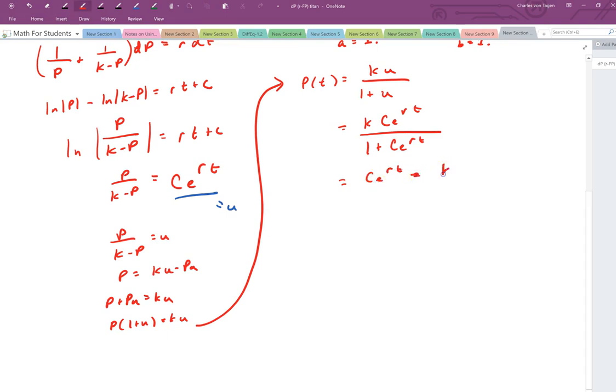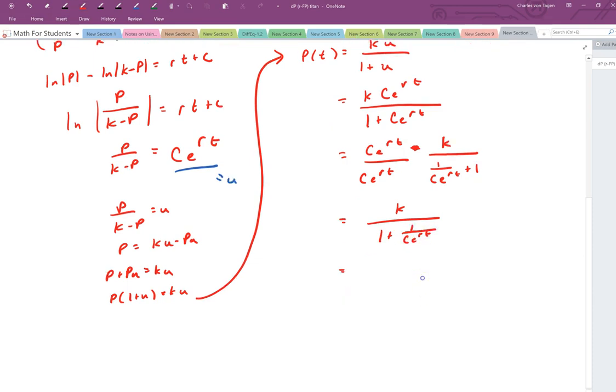That would give us K. And if we divided out a CE to the RT from the denominator, that would give us 1 over CE to the RT plus 1. These then cancel, so we end up with K over 1 plus 1 over CE to the RT.